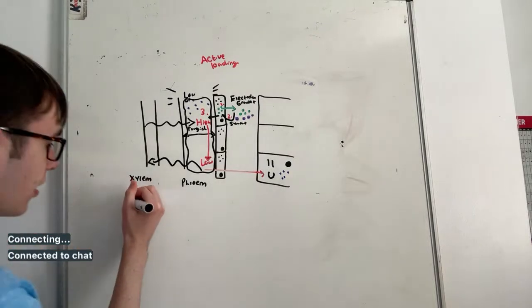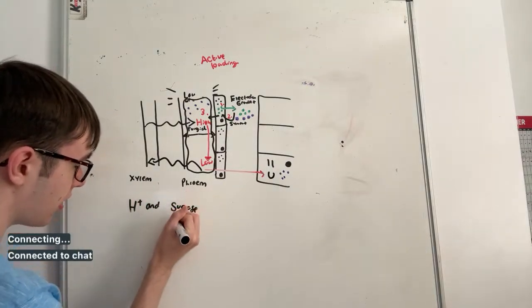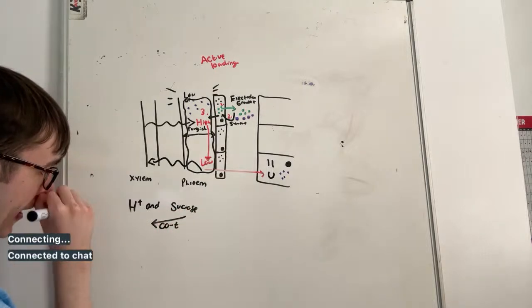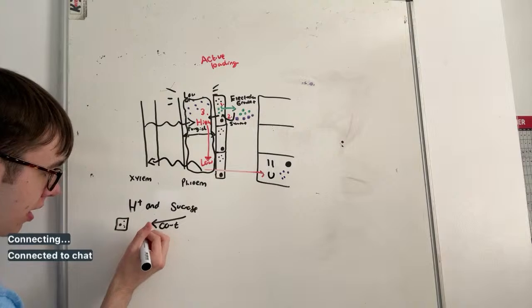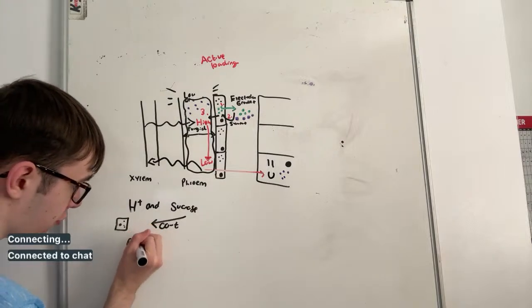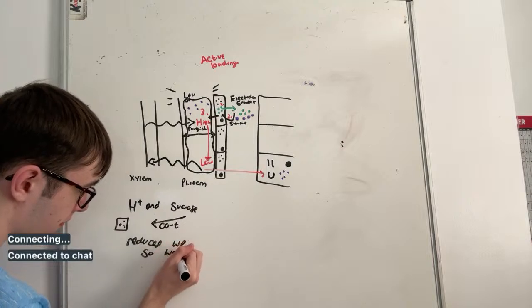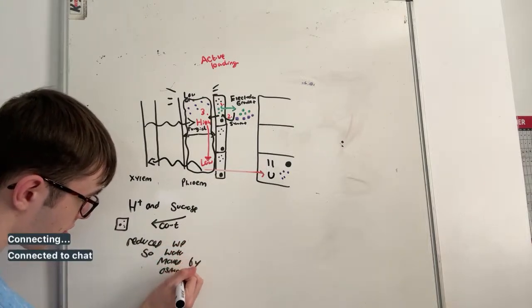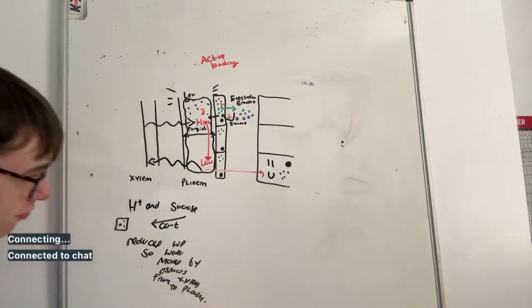It's going to be H plus and sucrose move via co-transport into companion cells. This reduces water potential, so water moves by osmosis from xylem to phloem. I'm pretty sure that's right.